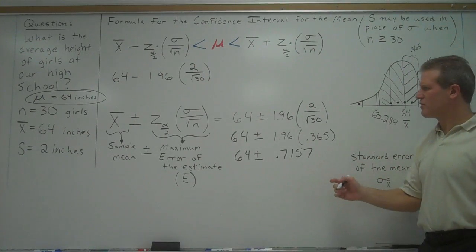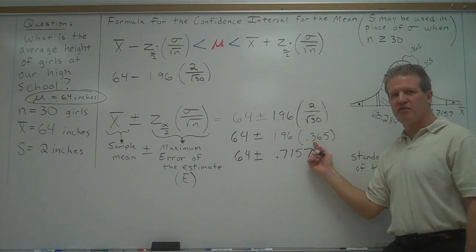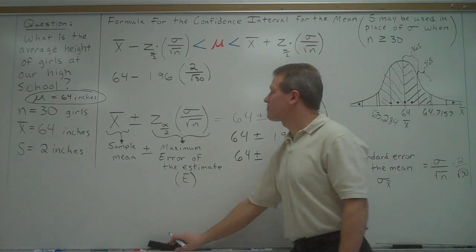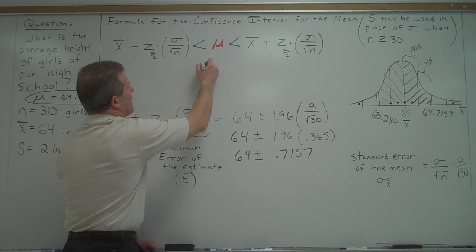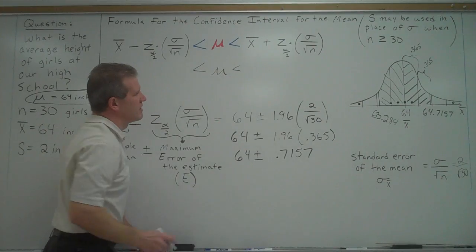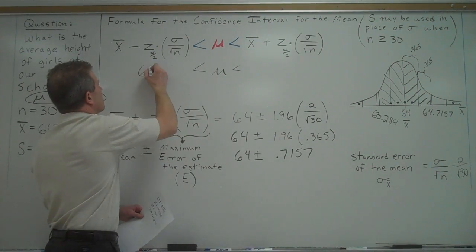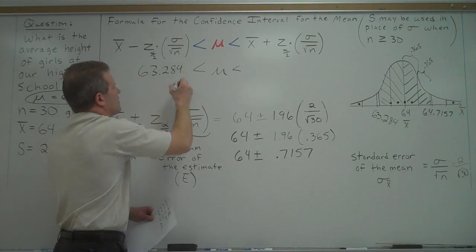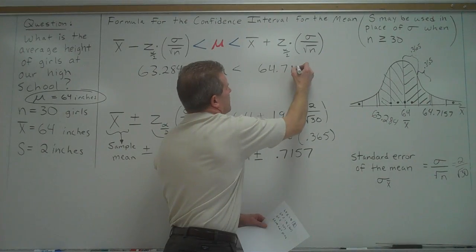So again, what I'm doing is I'm going to the mean, I'm going this many standard errors to the right, this many standard errors to the left, and then I multiply by the value of the standard error. In the end, what that means is that I think my population mean is going to be somewhere between 63.284 and 64.7157.